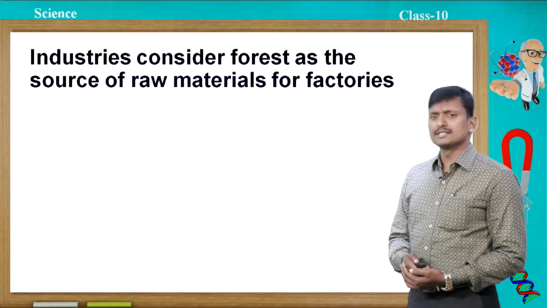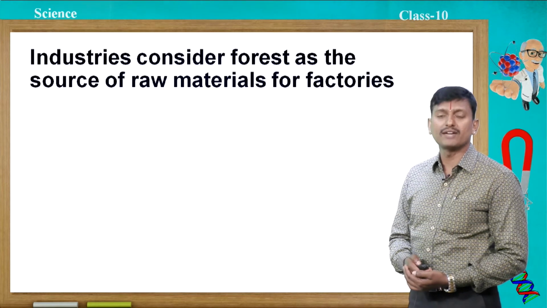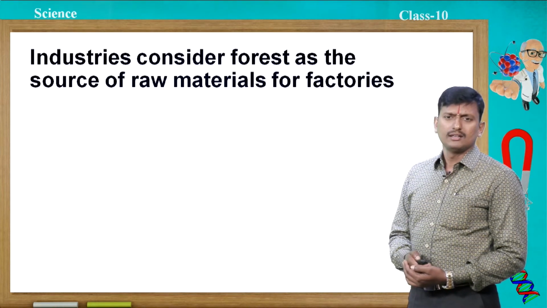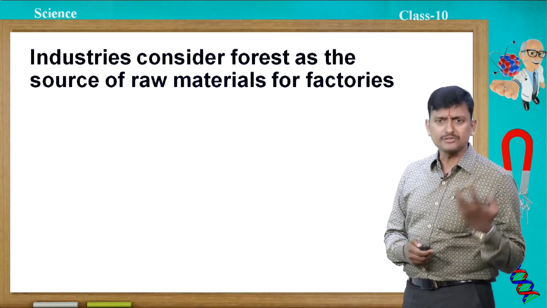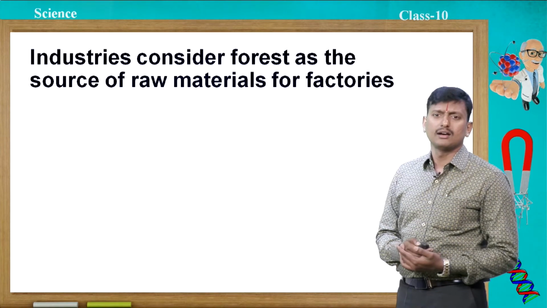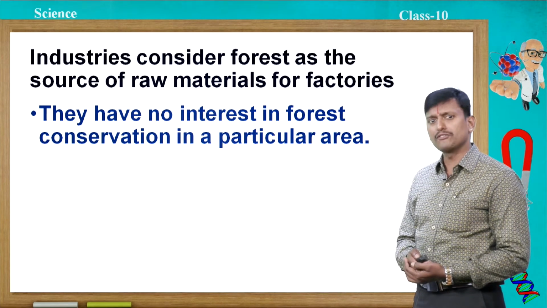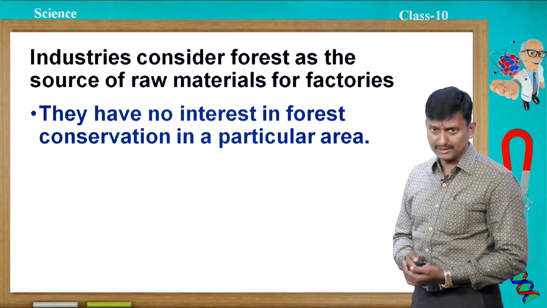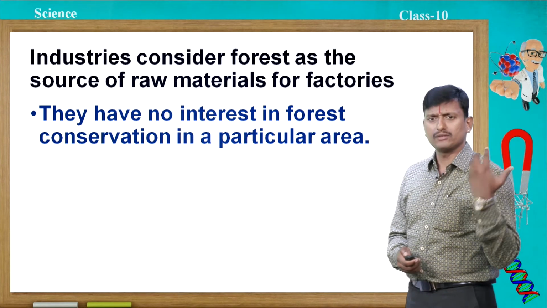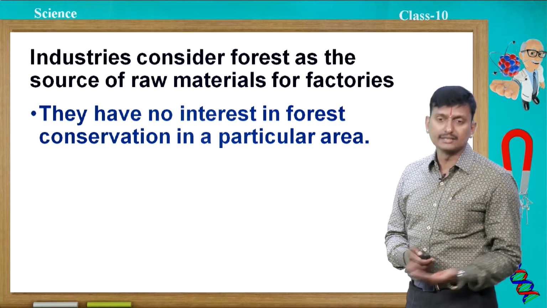they consider the forest as a source of raw materials for factories. There are no emotions in them while using the resources of the forest. They have no interest in forest conservation in a particular area. That means, if some part of the forest is emptied, what will they do?